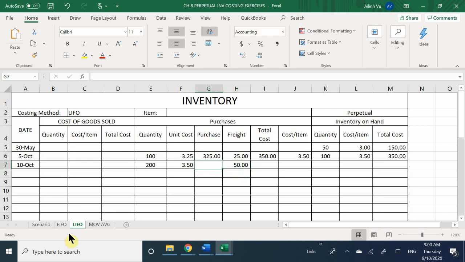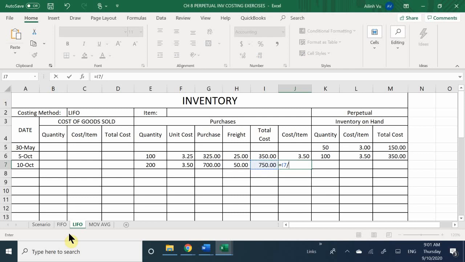So how do I calculate? What's my purchase price here? 700 even. $375 even.